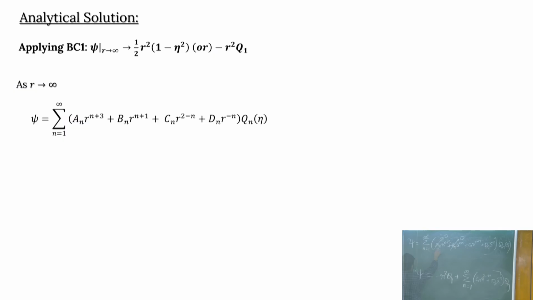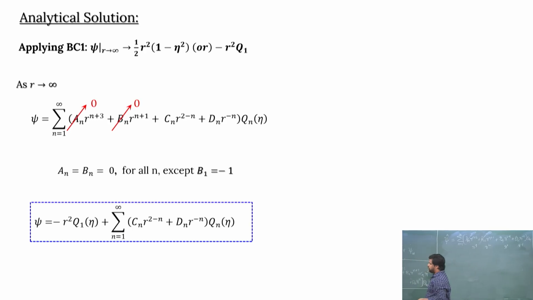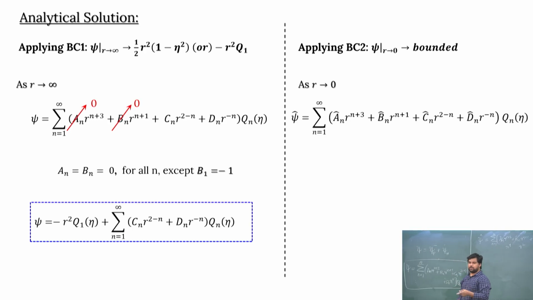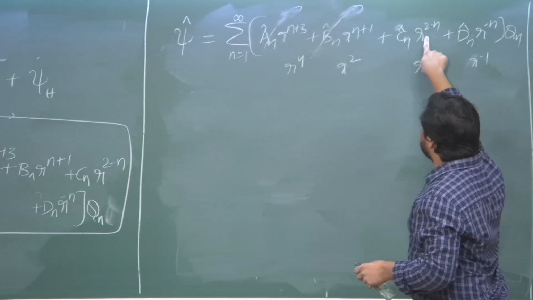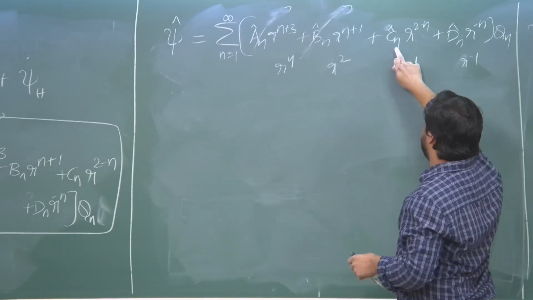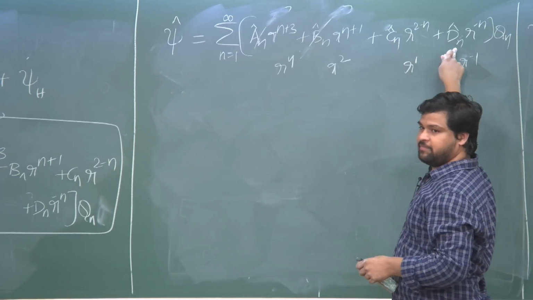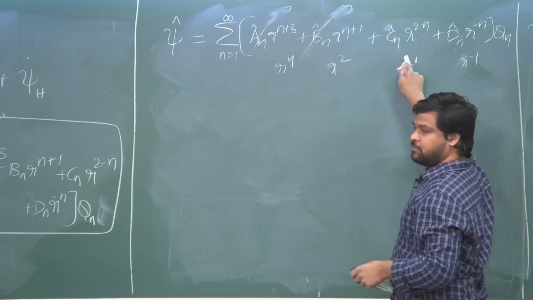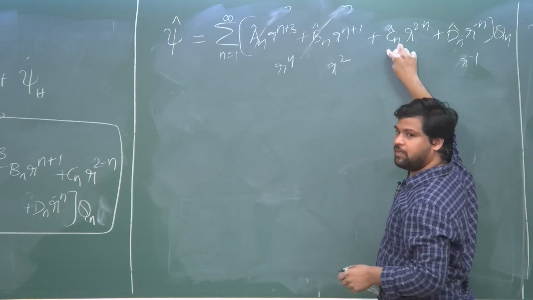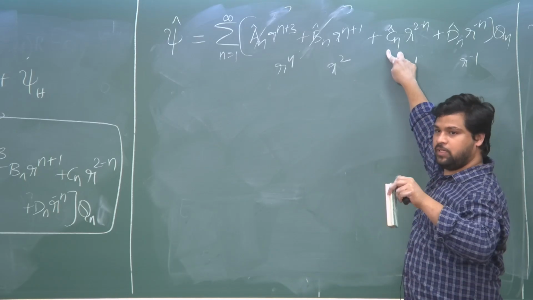Similarly we have a boundary condition at r equal to 0. At r equal to 0, psi should be bounded. So, if you see this equation, these will be 1 by r's, C1, Cn and Dn, this will make my solution go to infinity.